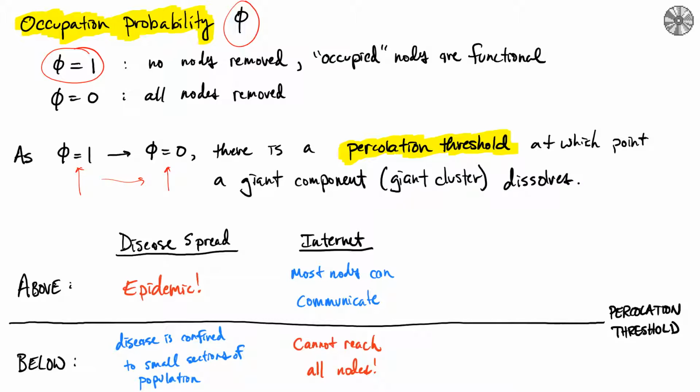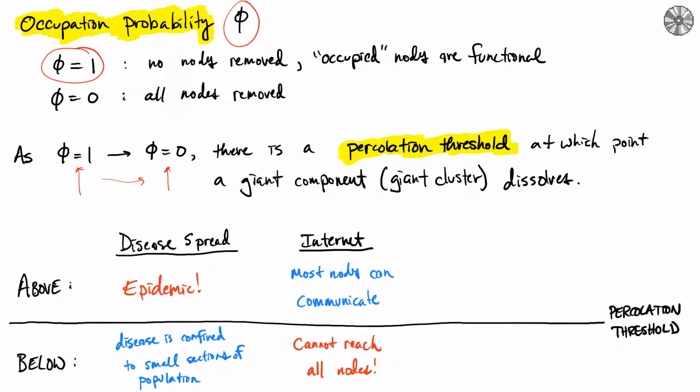That was a relatively sudden change in the size of that component related to the probability or the average degree. And now we're saying the reverse. As we go backwards on that curve, we lose that giant component in the same way.